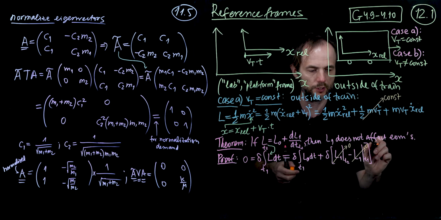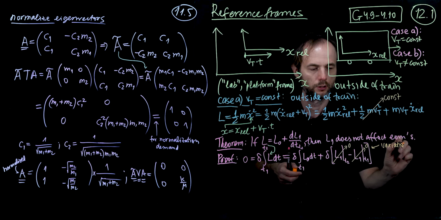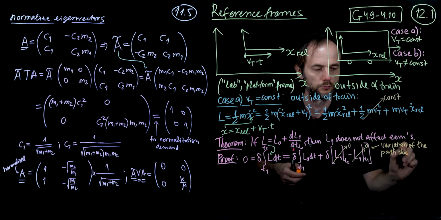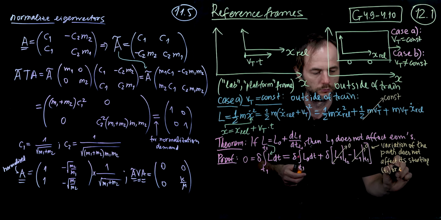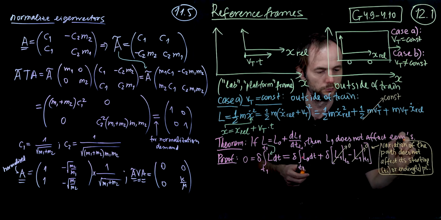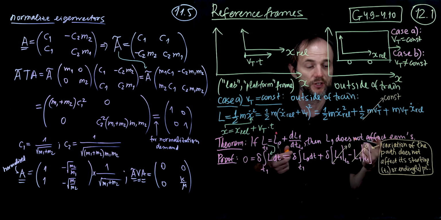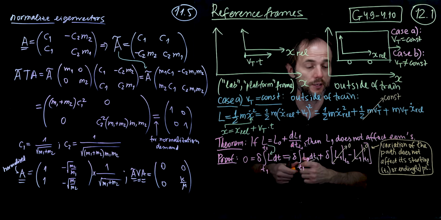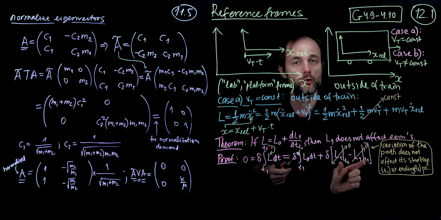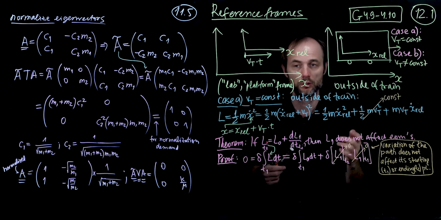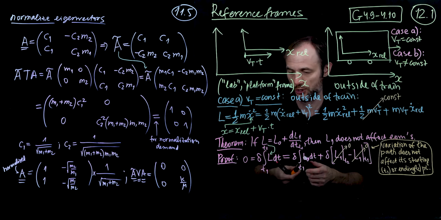And the reason for this is that the variation of the path does not affect its starting or ending points. And so because these points are fixed, therefore the variation at these points vanishes.